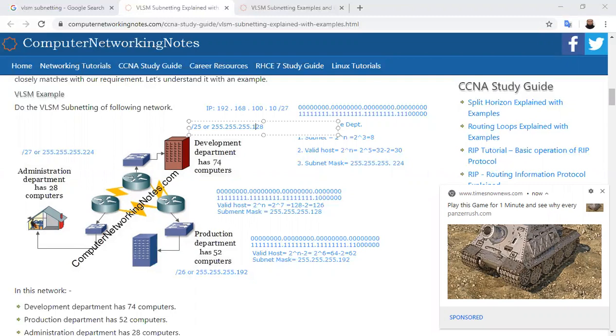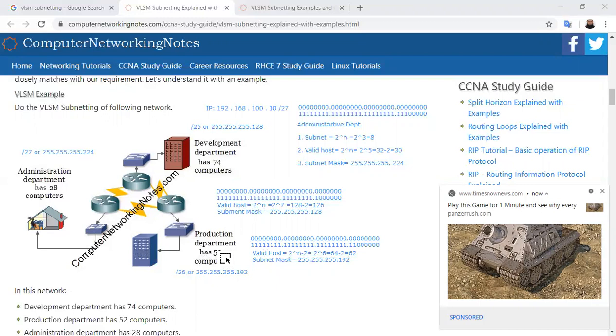In here, it is slash 24, and the subnet mask is 128. Here 224, here 128. So for this we have a different subnet mask. For this department we have another subnet mask, as well as for this department we have another subnet mask, 192. So in here for every network we have a different subnet mask, but there we have a single subnet mask and a big number of IP size actually. In here for 28 IPs, in here 74 IPs, and here 52 IPs actually.